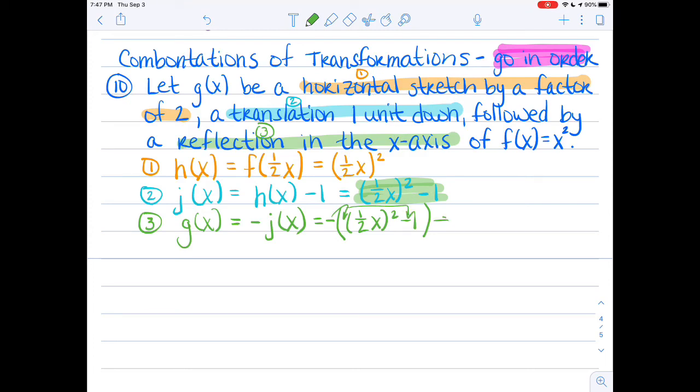And so we can say finally that g of x is going to be negative 1/2 x squared, and then don't forget to multiply the negative times the -1, which is actually going to end up giving us a +1. And that is our function that started with a simple x squared here and ended up as this transformed function after being transformed 3 ways.